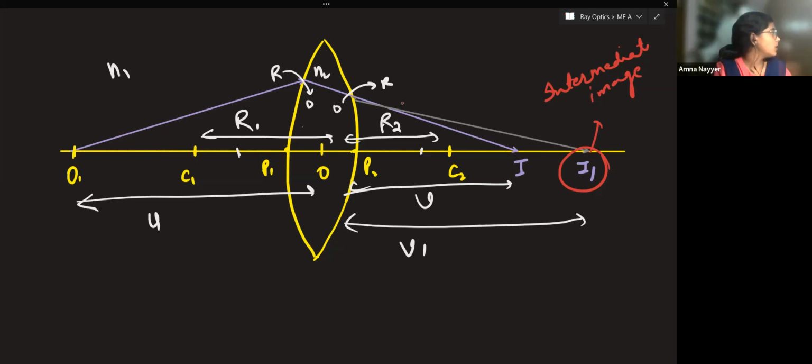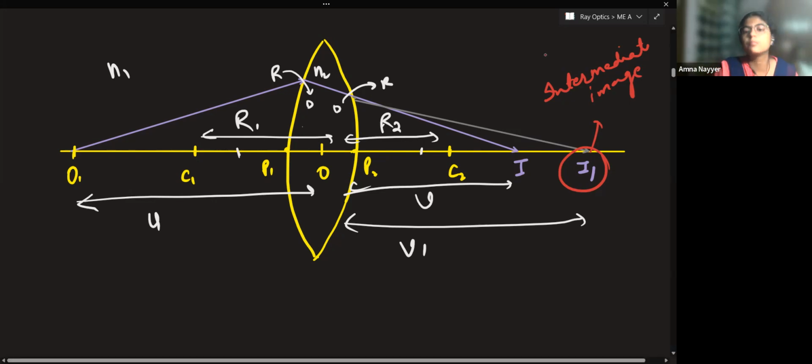But in reality, how do we solve this? We take both the surfaces: at one surface refraction occurs, then at this another surface refraction occurs. So similarly for the object O1, because of this surface I1 is formed. Now I1 is acting as an object for the next surface, and the final image that we get is this I.